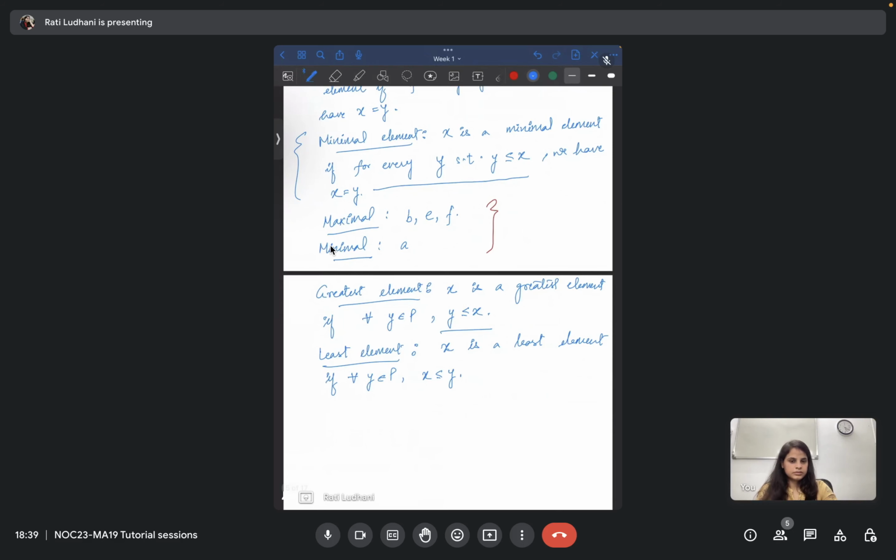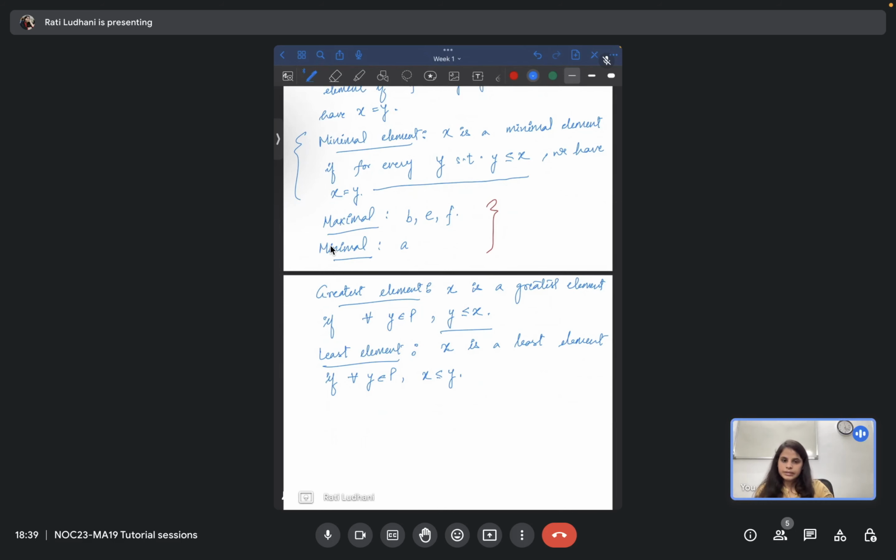Let's say we take B, but now B is incomparable with E, and so E cannot be greatest. For it to be greatest, it has to be comparable with every other element, and none of B, E, F are comparable with each other, so none can be greatest.